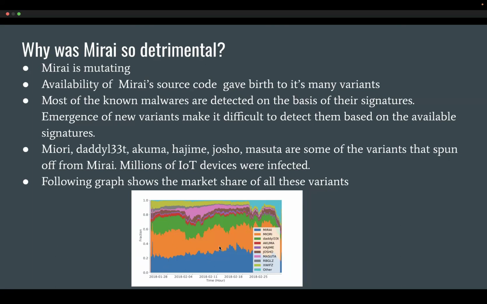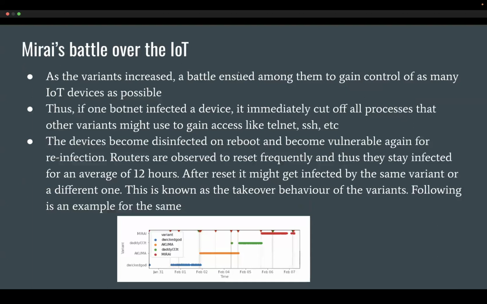At that point in time, we see that Mirai and Miori were some of the variants that dominated the market. Now, once these variants increased, and the number of IoT devices in the network were there, each of the variants competed with each other in order to gain access to as many IoT devices as possible. And thus there was a battle that ensued between all these variants.